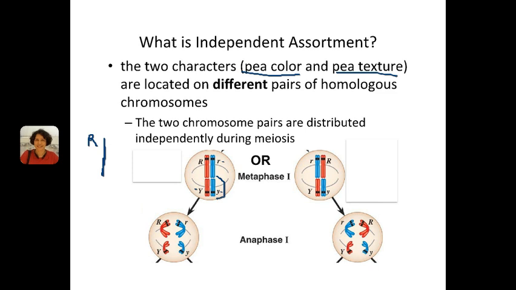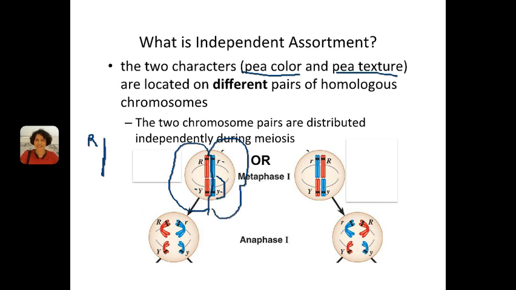On the left side, we see an instance of meiosis in which, for the chromosomes that control the texture of the pea and the color of the pea, the two dominant alleles segregated to the left side, and the 2 recessive alleles segregated to the right side.